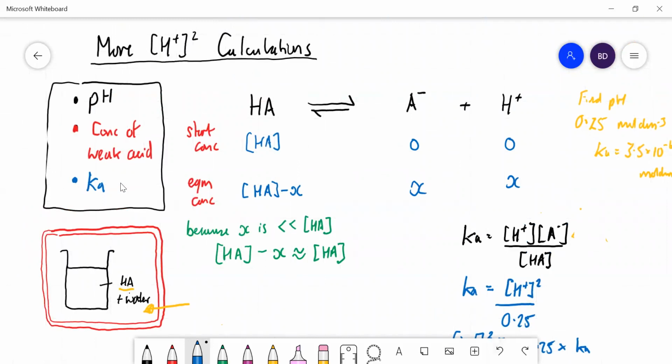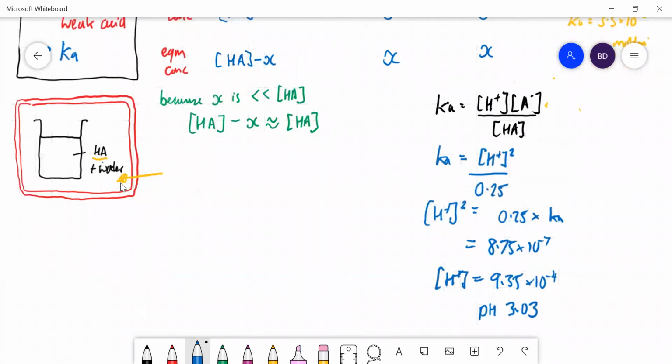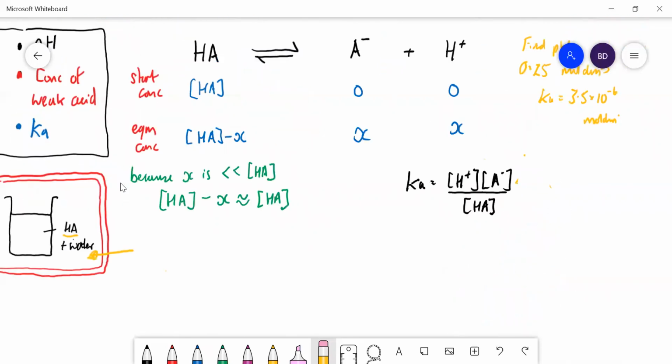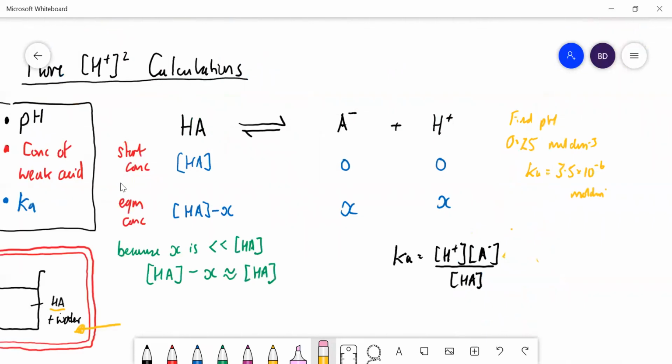Now let's do a different one. So I'll just work this out. Right, so this time I'm going to say the pH of a weak acid solution.